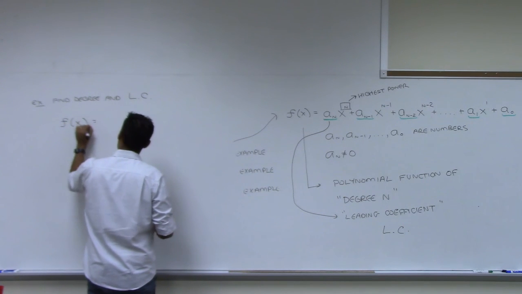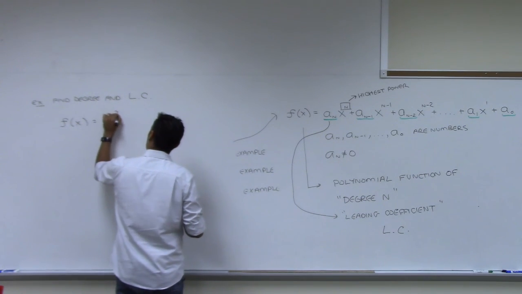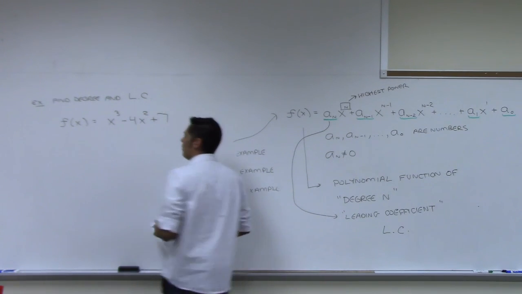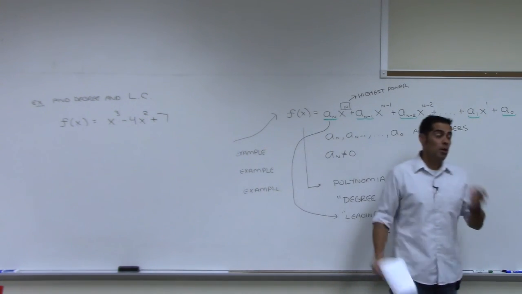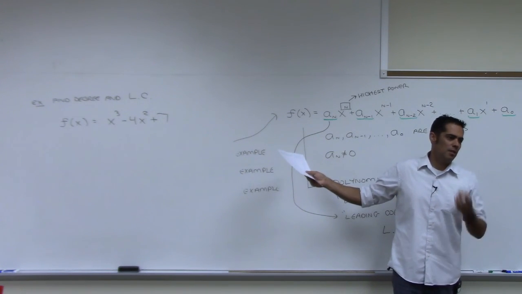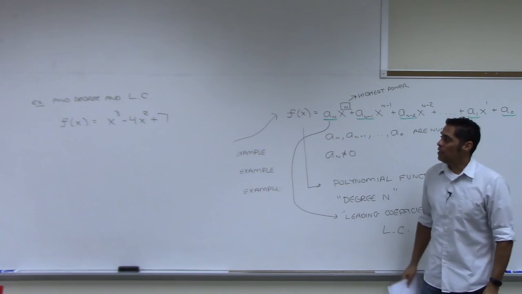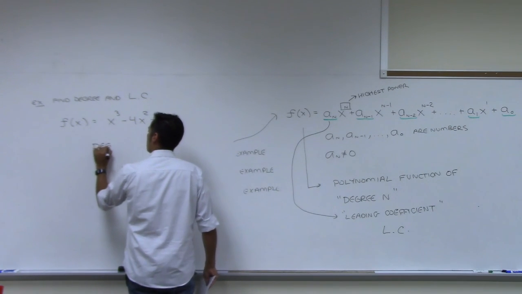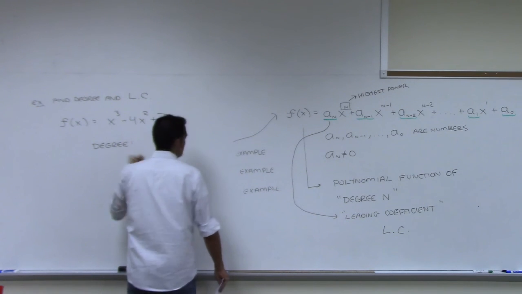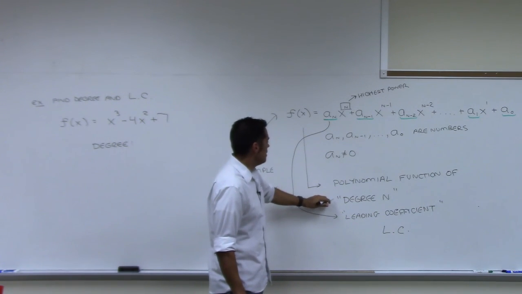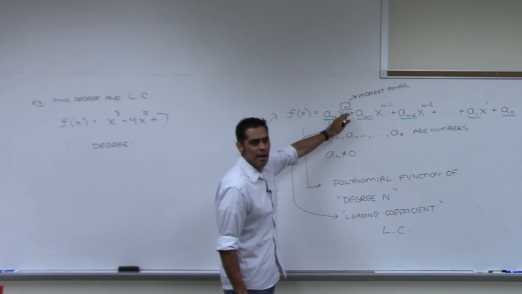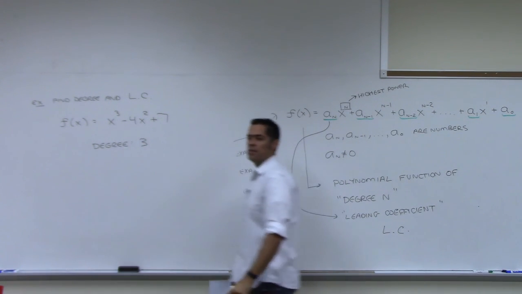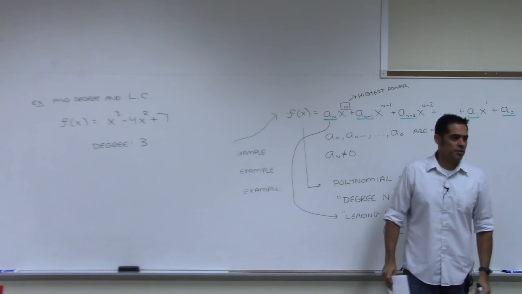F of x equals x cubed minus 4x squared plus 7. So what is the degree of this polynomial? Well, is it a polynomial function? You have to know that first, right? It is. And what is its degree? It is the highest power of x that you see, which is just the number 3. So it's a third degree polynomial function.